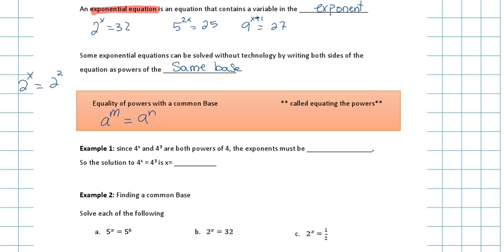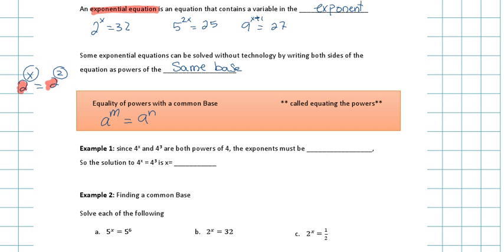Because that's the only time you have an equality. So in this case, x is equal to 2. The deal about this is you need to make both your bases the same. So this and this have to be the same in order for me to say, okay, my bases are the same, I can drop them, and I will end up with equal exponents.